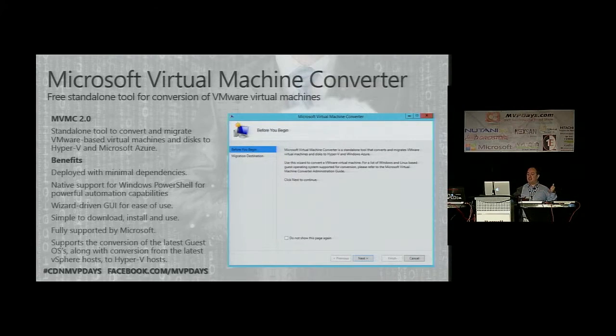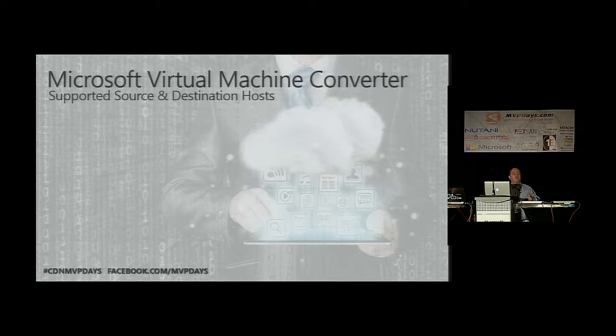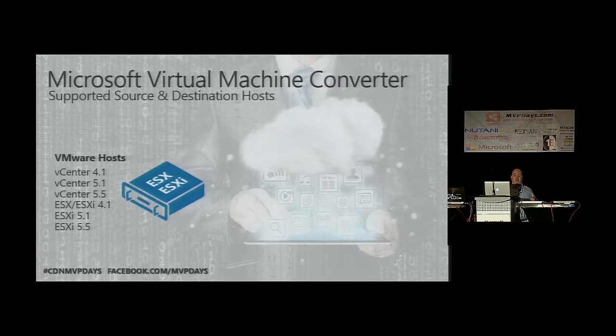The good thing is, you can even use this for different scenarios. If you have one of the VMware host versions from 4.1 up to now, you can use this tool. The VMware range is pretty good, with 3 or 4 versions you can use since 4.1.